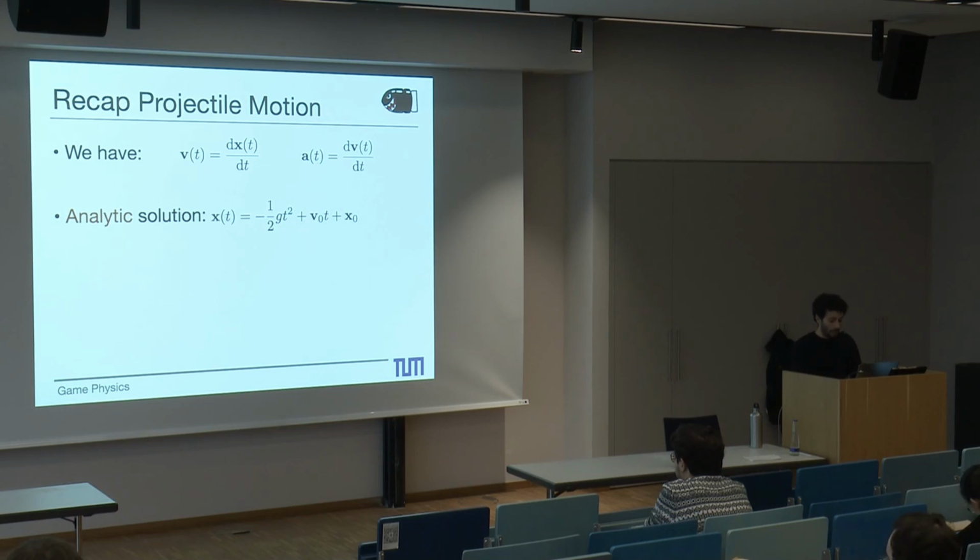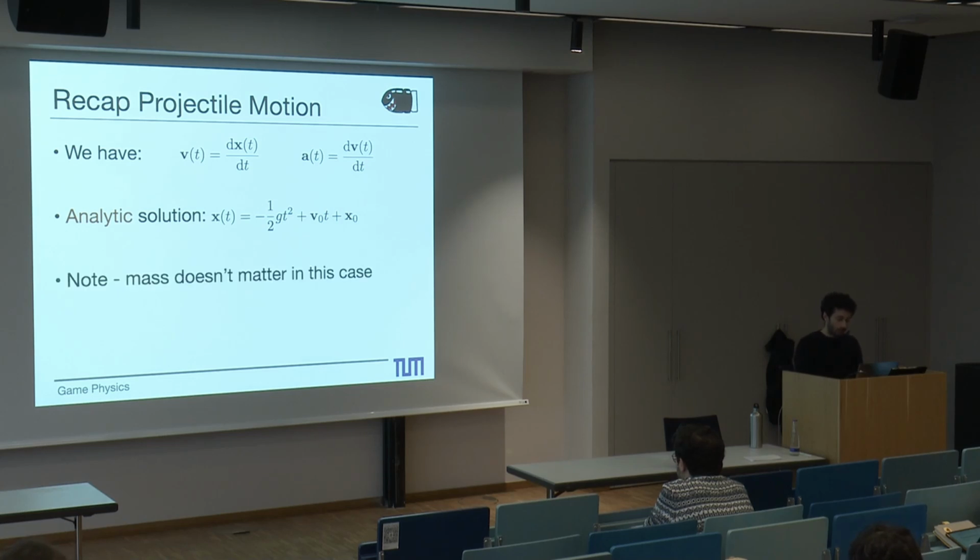And as we can see, the projectile is accelerating over time, with the constant acceleration which is given by gravity. And from the beginning, it moves with the initial velocity that we have given to it, which is v0, and from the place that we have set the object in the first place, which was x0.